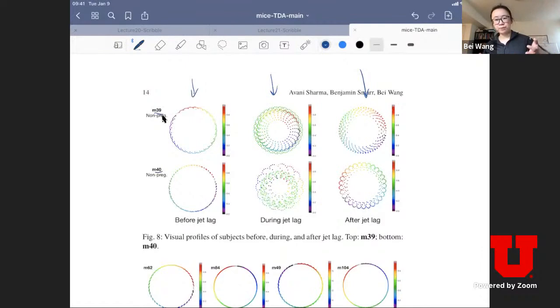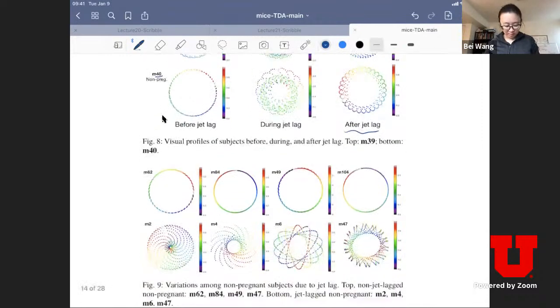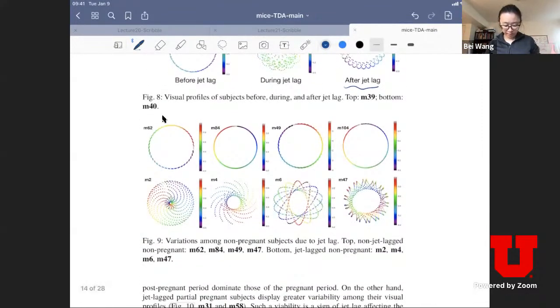During jet lag, you are influenced by jet lag, so you get a perturbed signal. And then there is what's called a lingering effect of the jet lag. Even after the jet lag has officially stopped, it takes a while for your biological clock to come back to normal.